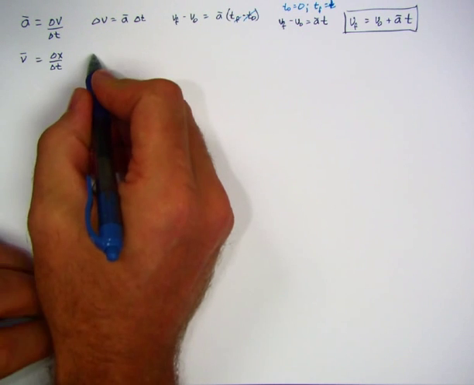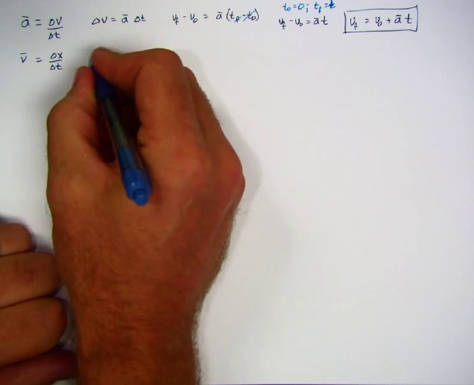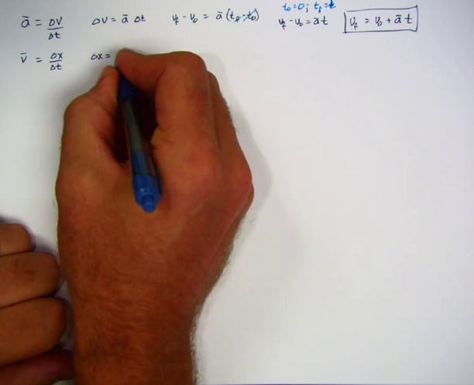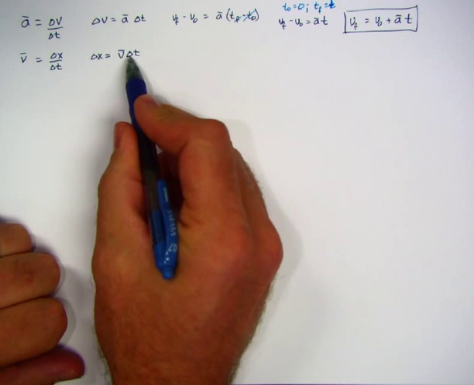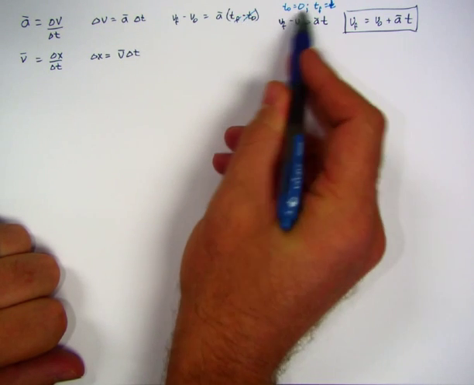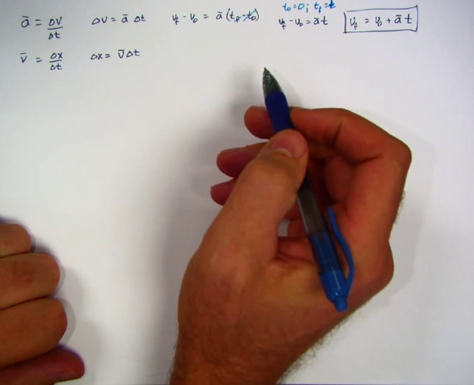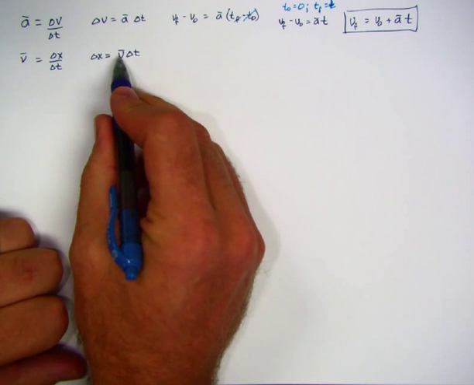We can do the same thing over here with our average velocity equation. We can say delta x is equal to average velocity times delta time. But again, we know delta time is t final minus t initial, which, based on our definitions, we're just going to say time. So delta x is v bar t.